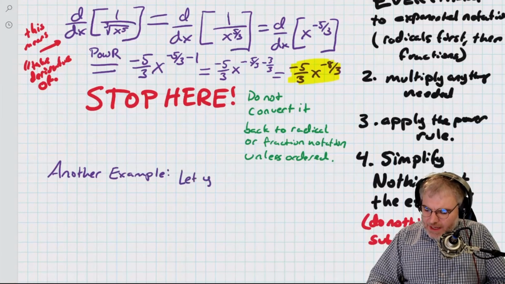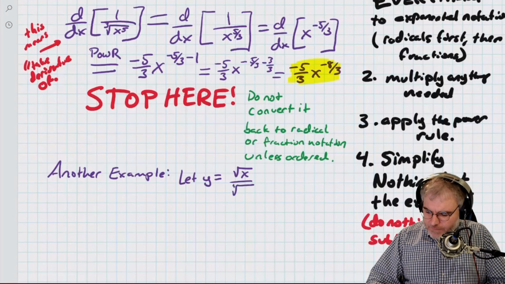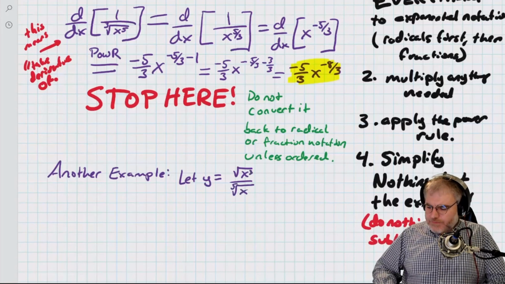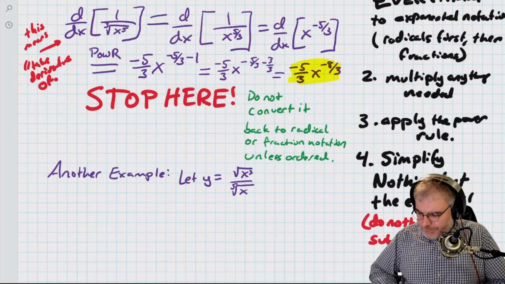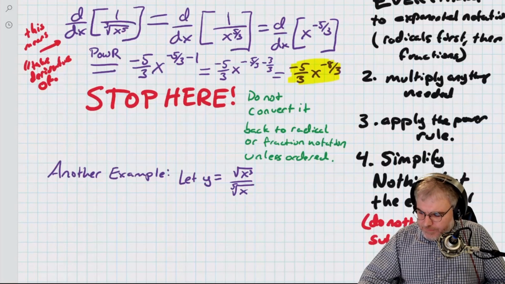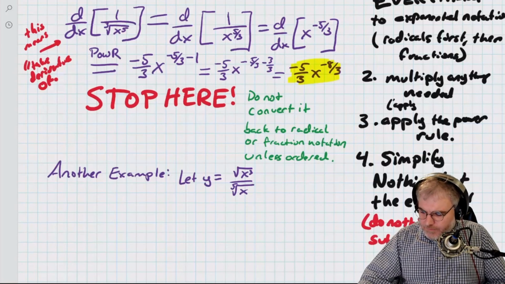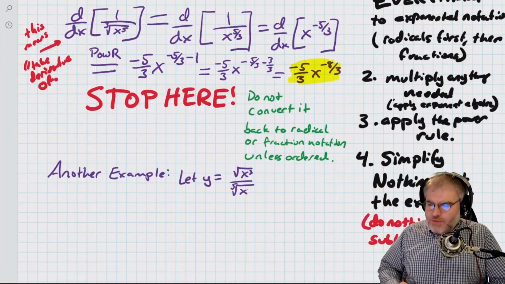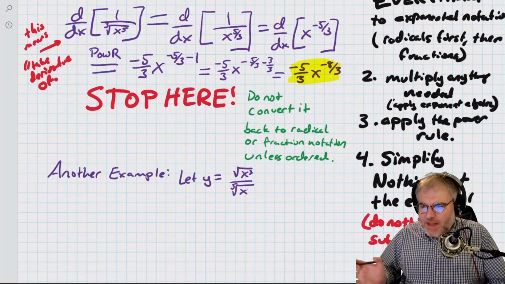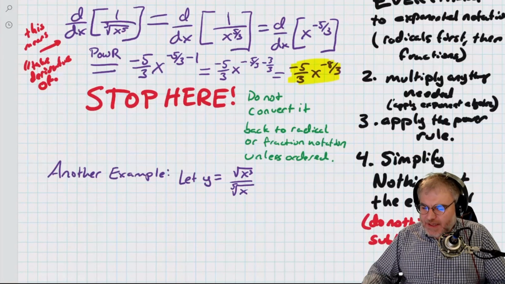Let y equal the square root of x cubed over the fifth root of x. Let me put exponent rules here. So I need to apply exponent algebra is what I mean by that. Multiply anything needed, add up my exponents, subtract my exponents, and stuff like that.